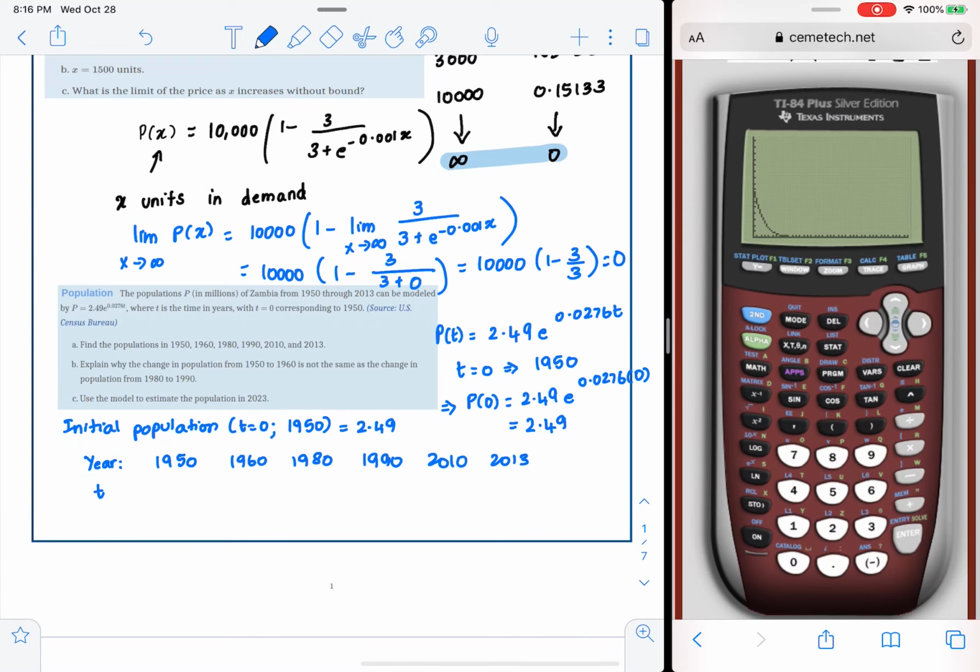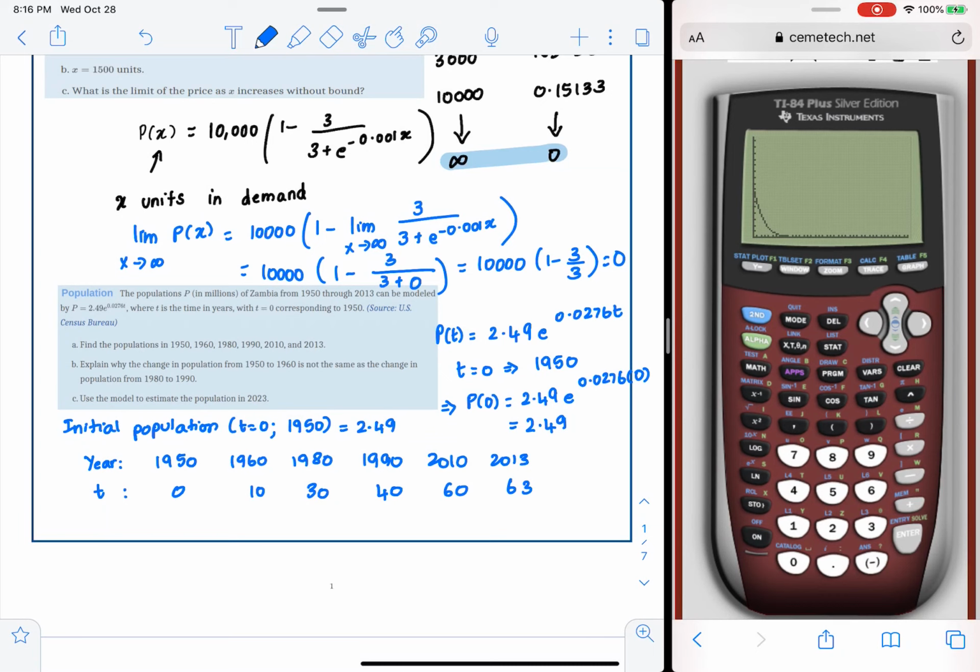So the corresponding t values would be 0, 10, 30, 40, 60, and 63. So how do we find the values?